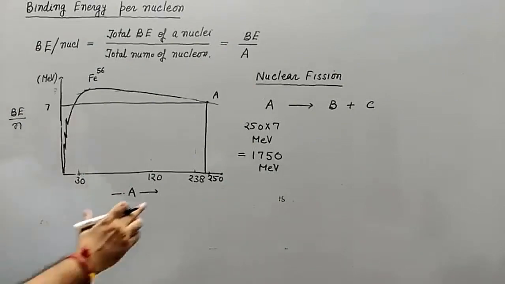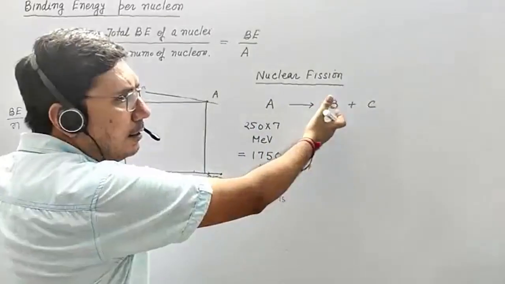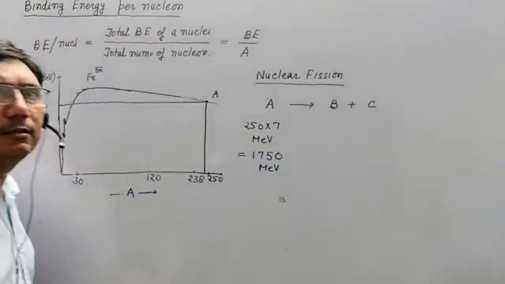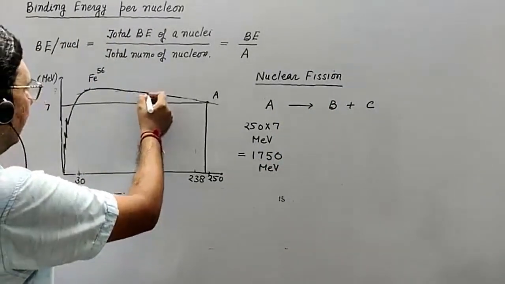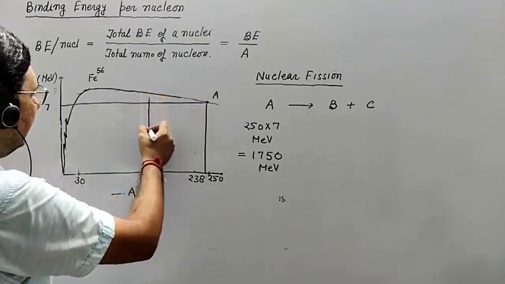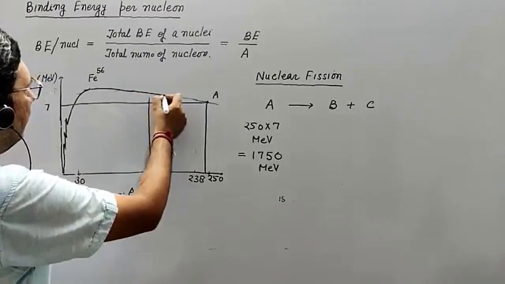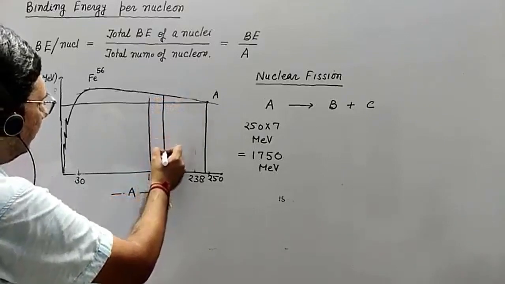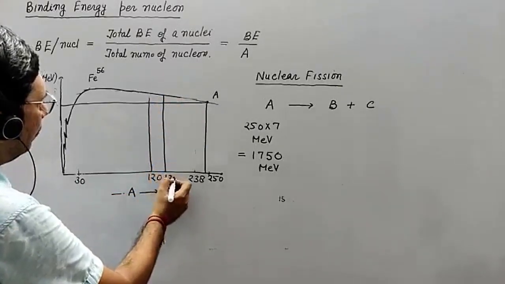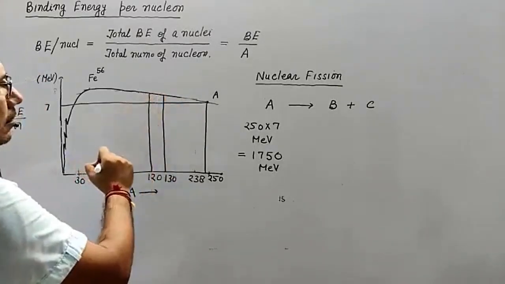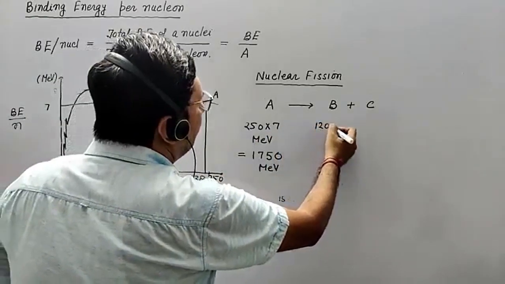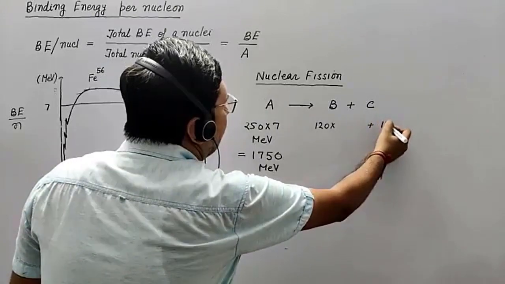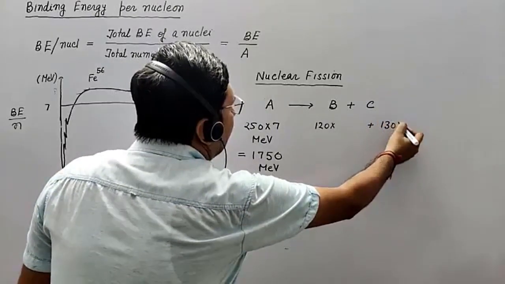Now it splits into B and C of nearly equal A number. Suppose one is near 120 and another is at 130. So this is 120 into, plus 130 into.